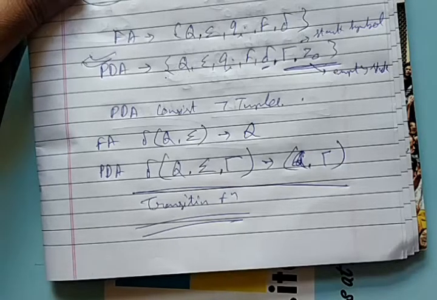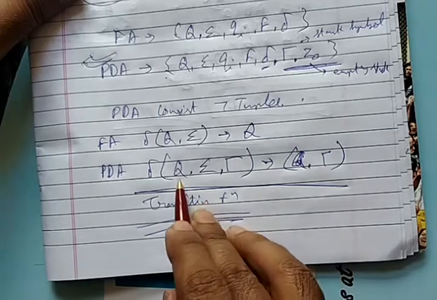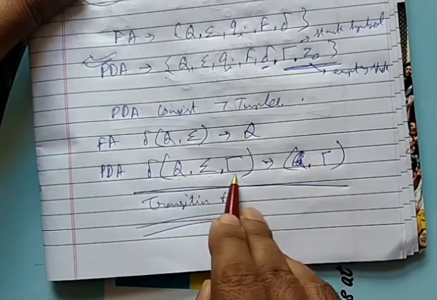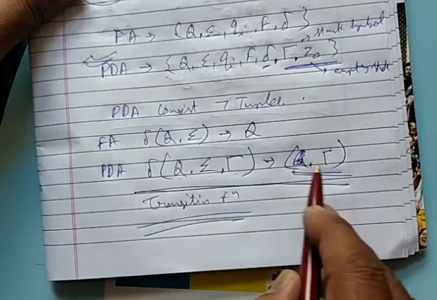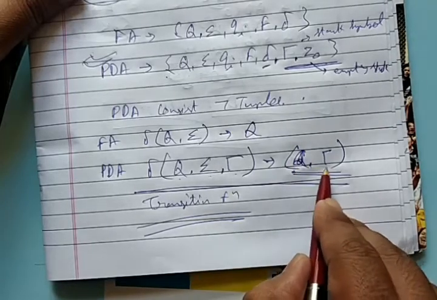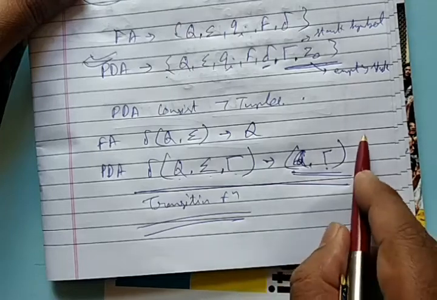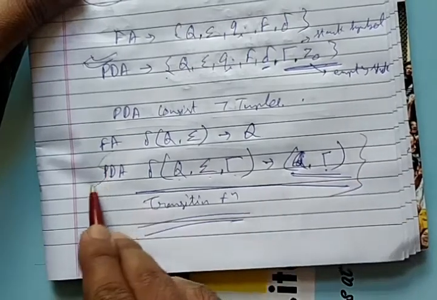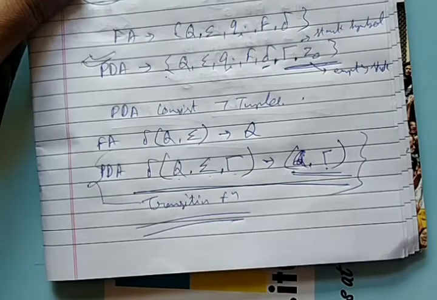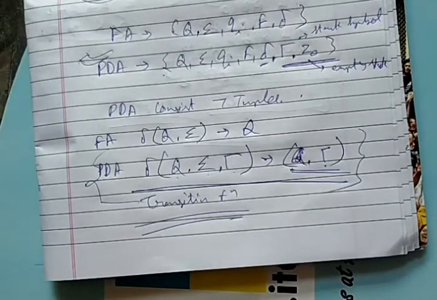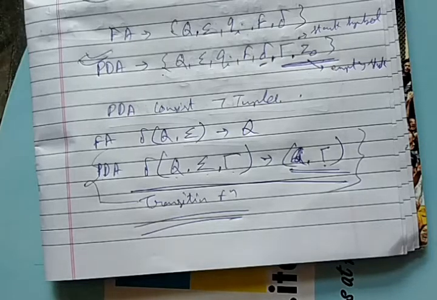Transition function is now dependent upon 3 things, state, input and stack, and the output will be a change in state and change in stack. On the basis of this, we are going to pick how our system will move forward. So that is the overall introduction of PDA, pushdown automata. In the next class, we will discuss how to design PDA.